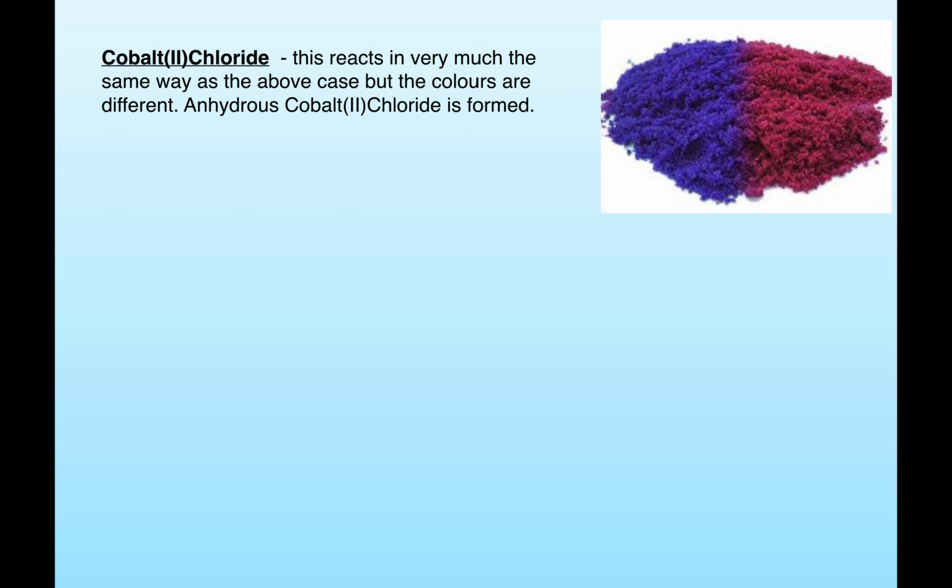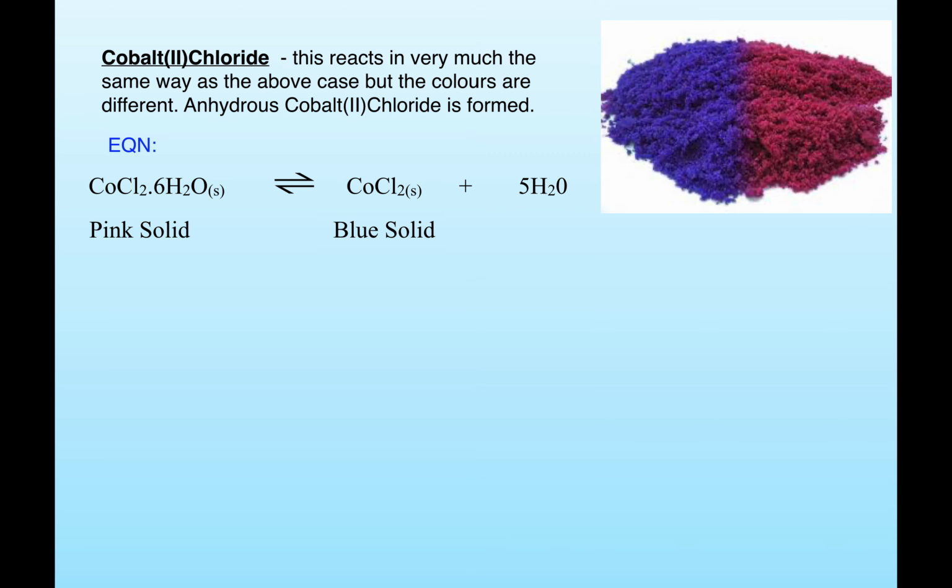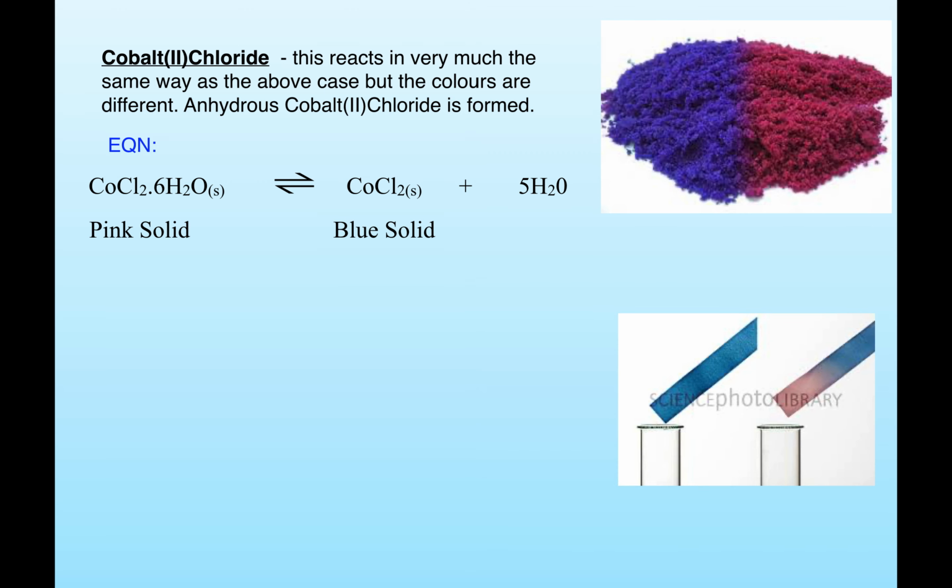Another example of this kind of reaction is with cobalt(II) chloride. There's our equation. Now, this is a pink solid when it's got its water of crystallization. So it's this side of the picture. It's a pink solid, it's hydrated. And when we heat it, it loses its water of crystallization and it becomes a blue solid. We can use this fact if we absorb some of this substance onto a piece of filter paper.